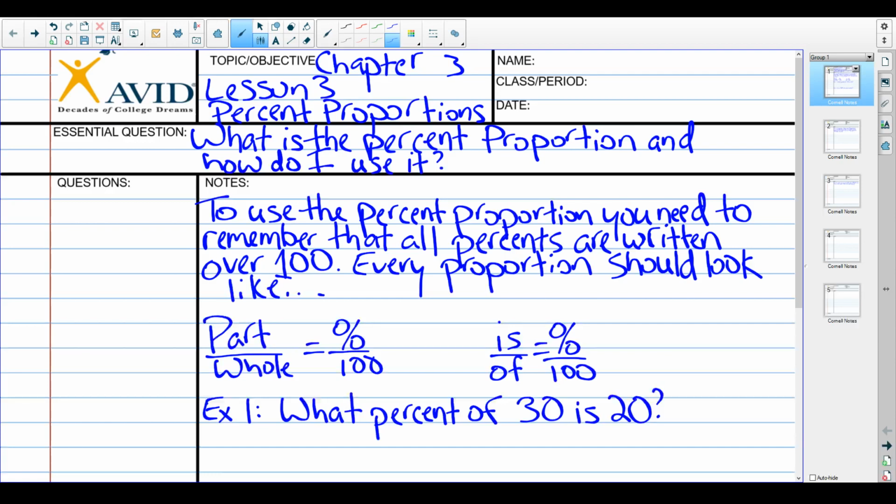Or if it's real simple, you look for the words is and of, where is represents the part and of represents the whole thing. And we still have percent over 100. Okay? Let's take a minute, write it down.